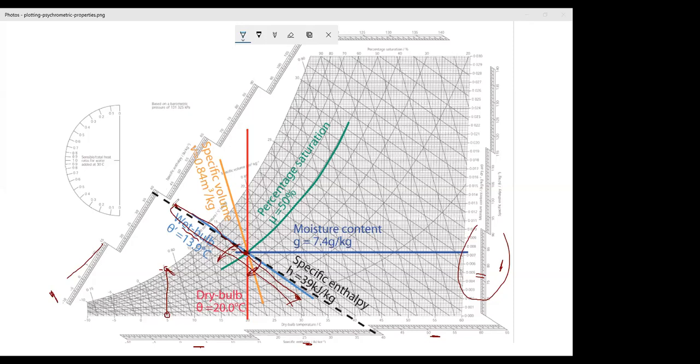Same as if you imagine this black line is a ruler, you go left and right up to match between this value and this value, 39 and 39. So the enthalpy for this point is 39.